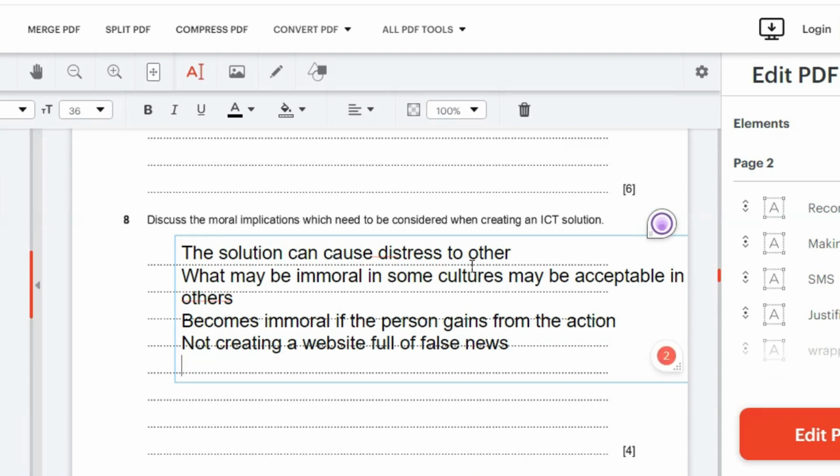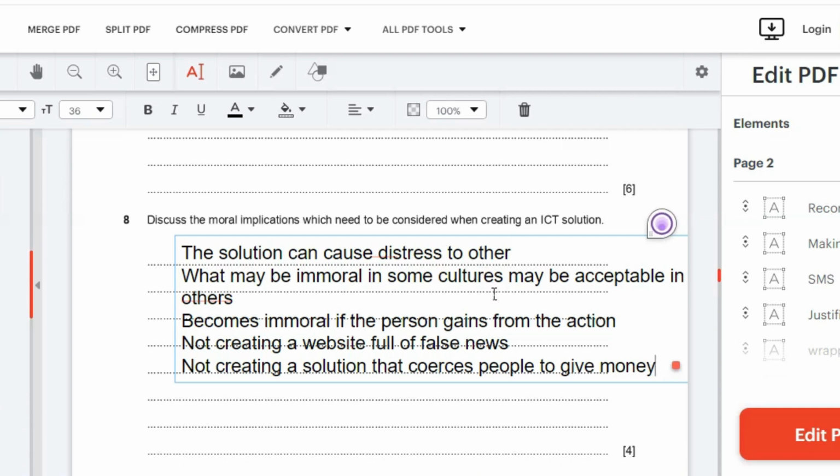Another one is not creating an ICT solution that coerces people to give money. All right, so we have four, and we are going to stop there.